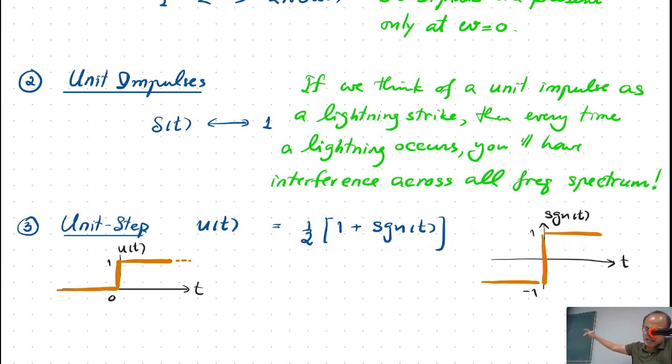Now we take the Fourier transform on both sides. We're gonna get u(t) as a Fourier transform pair of 1/2 times the transform of 1 plus the transform of the sign signal. Now, what is the Fourier transform of 1? It would be 2 pi delta, right? That we know already. And the Fourier transform of the sign signal, I think we have found it already, that would be 2 over j omega.